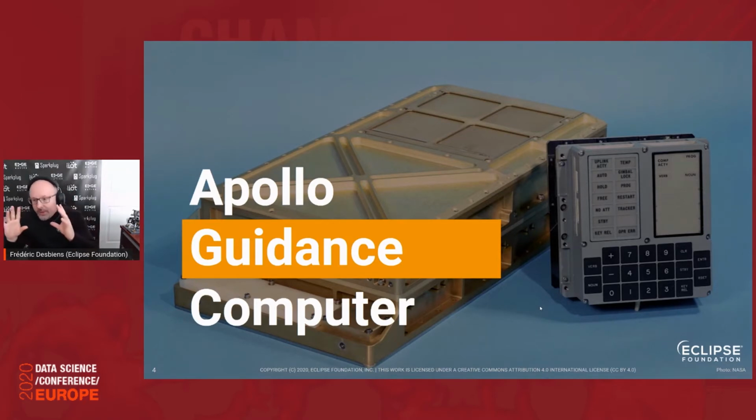And so that's the big golden box, and what you see on the right is the Apollo guidance computer user interface. So there were no bright screens or anything like that. This is literally what the astronauts had to deal with in order to start programs on the computer, check values in real time, check the telemetry, everything.